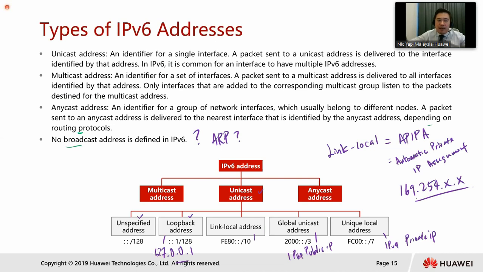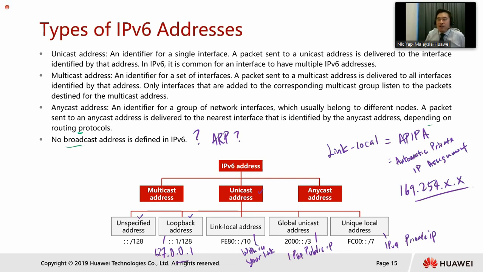Okay, that is 169.254.x.x. Similar to APIPA, link locals only work within your link. Whichever is inside the local area, you can use the 169 address.